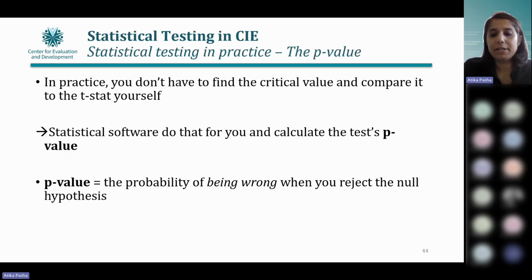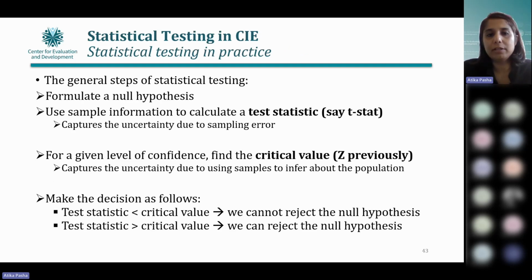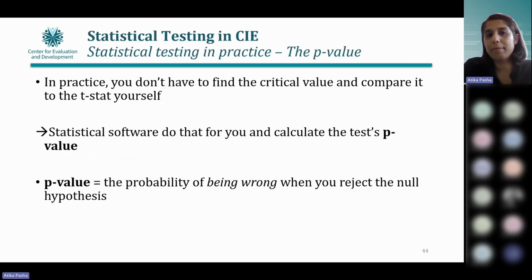So I tried to explain some of this here, but now in practice, when you look at your CIE method-based report, you will see something called the p-value. This is a very simplified statistical tool, which means you don't have to do this calculation in your head as to whether the statistic that you calculated is higher or lower than your critical value.